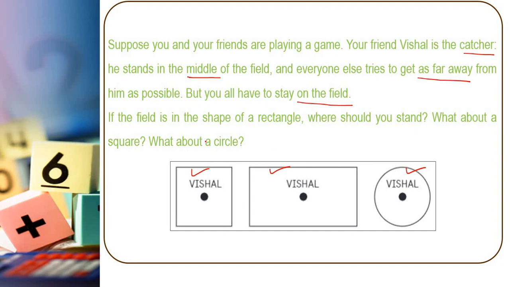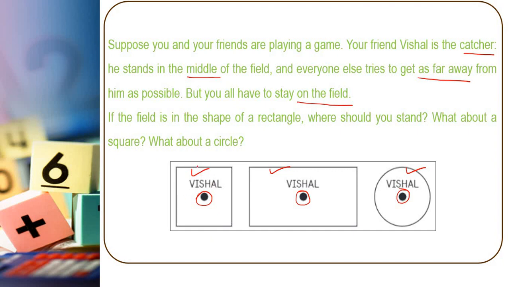Did you understand, children? You and your friends are playing a game and your friend Vishal is the catcher. So he is standing in the middle. Everyone else tries to get as far from him as possible.